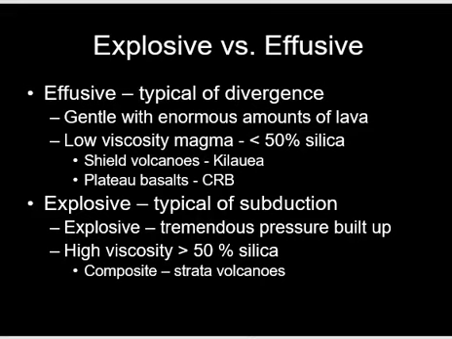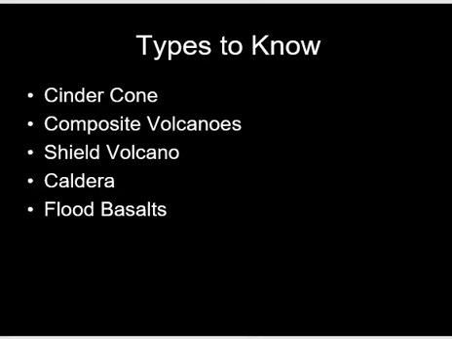And so this is very common with composite volcanoes or strata volcanoes. So I want you to be able to identify the shape, the size, and the type of lava, explosive or effusive, that you would see in a cinder cone, a composite volcano, a shield volcano. I want you to know about flood basalts and what's a caldera.